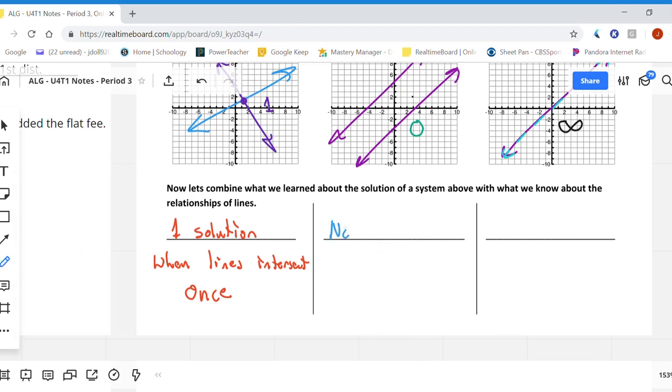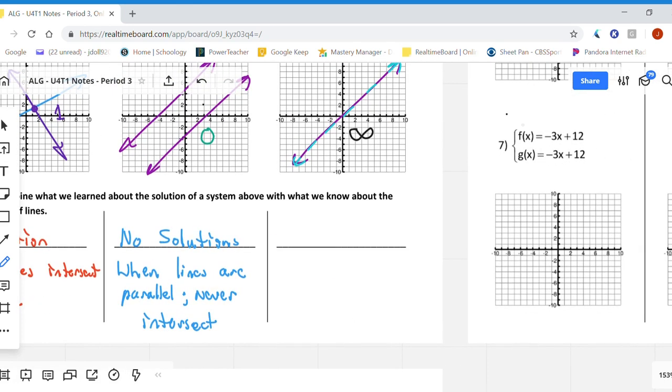We can have no solutions, and that would be when our lines are, well, how about I actually write the word here, when the lines are parallel, never intersect.